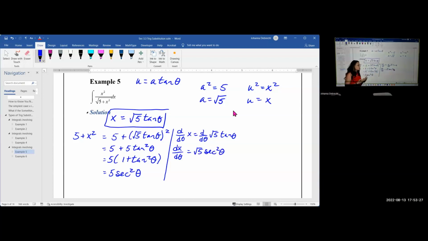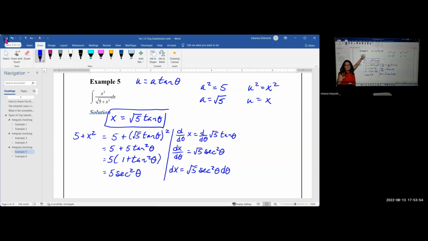Now, again, the derivative of tangent of theta is secant squared of theta with respect to theta, so there's no differential left on the right side. Abuse the notation and swing that d theta around. So I have dx is equal to radical 5 secant squared of theta d theta. Okay, now that lets me replace what's under the radical and the differential.